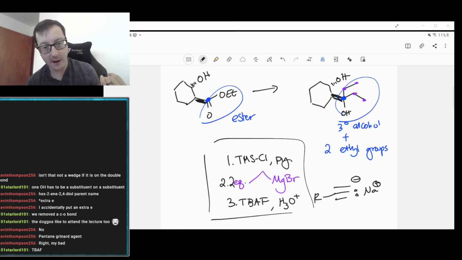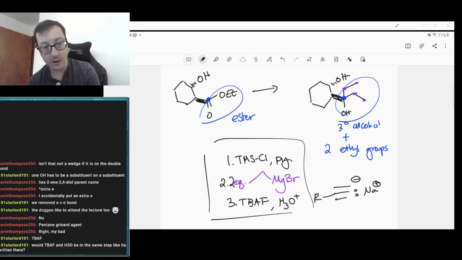I put the key up this morning for exam 3, so you can take a look. Just for the record, on the second molecule, the double bond could be done different ways. You could put them in the same step. There's no reason you can't. TBAF and acid are compatible, so you can put them together, or you can put them in two steps. It doesn't really matter.